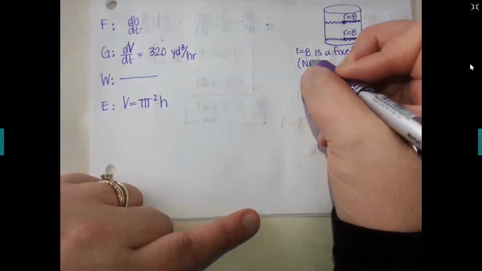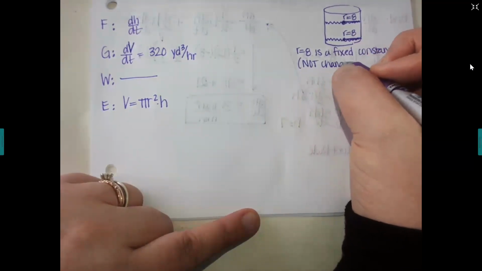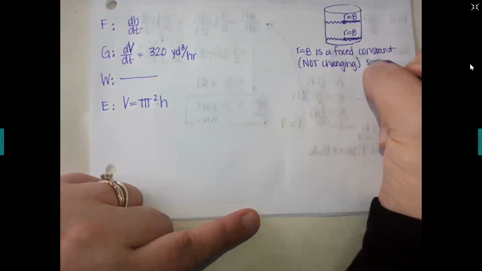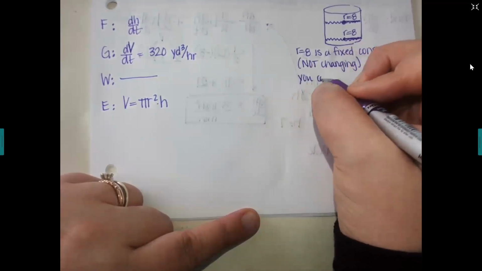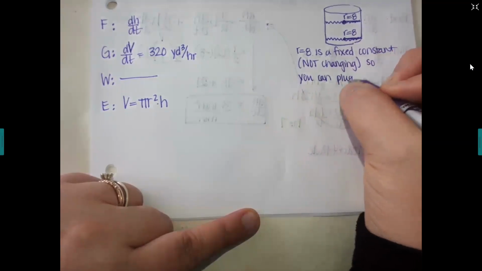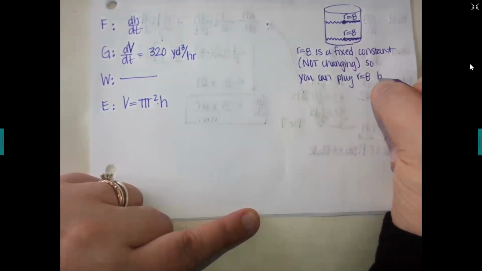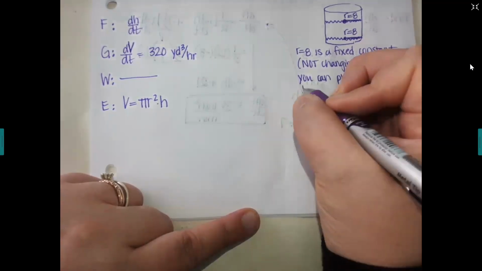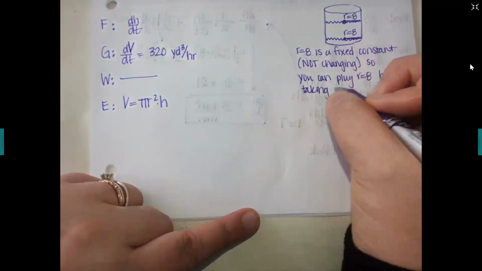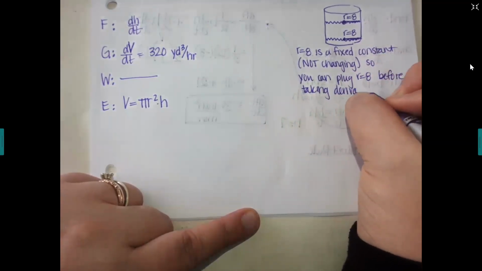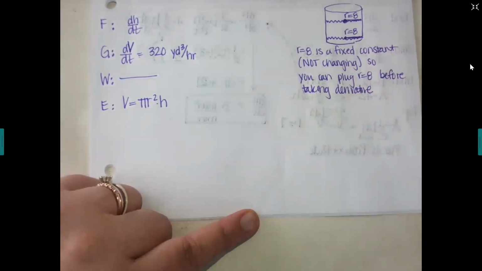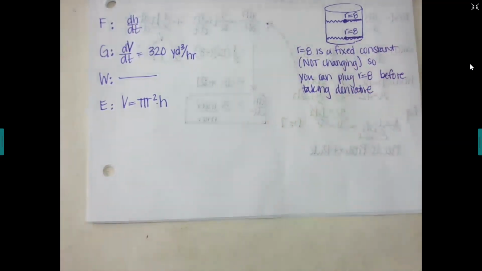That means that it does not change in the question. So you can plug in r equals 8 before taking the derivative. You can only plug in fixed constants prior to taking the derivative. Anything else has to be plugged in after.